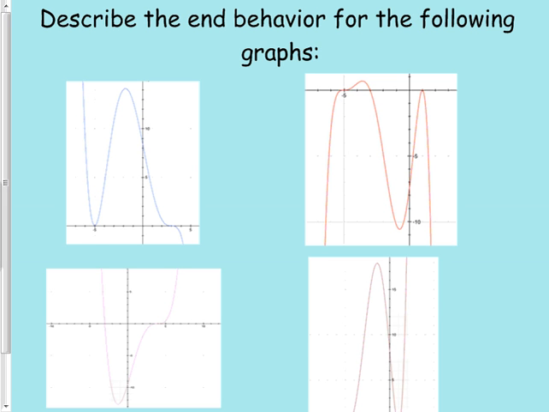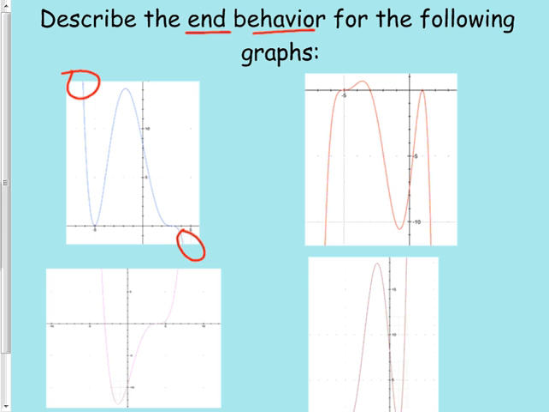Do you get that every graph has a way that it begins and a way that it ends? The end behavior of a graph is how it comes into it and how it goes out of it. And we're going to keep it simple.